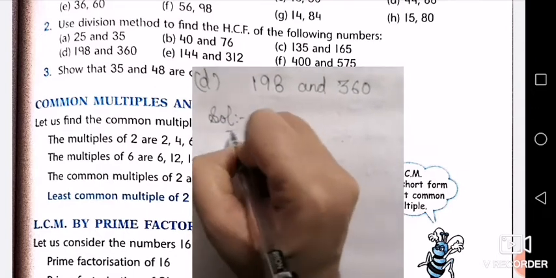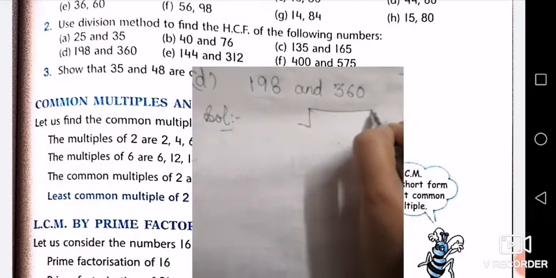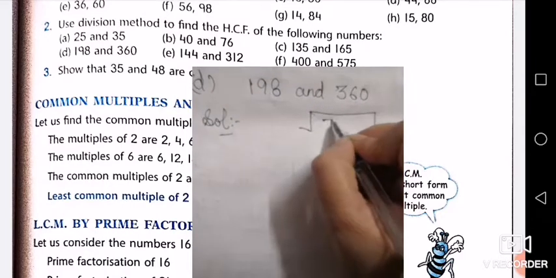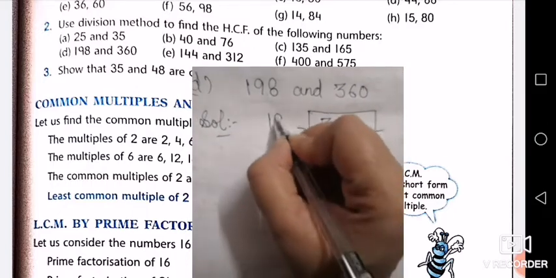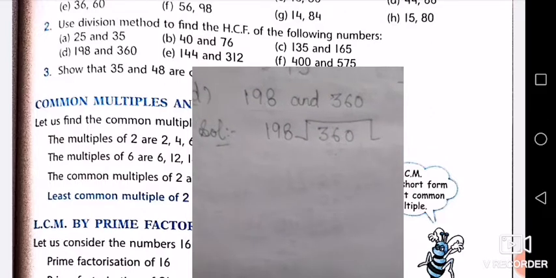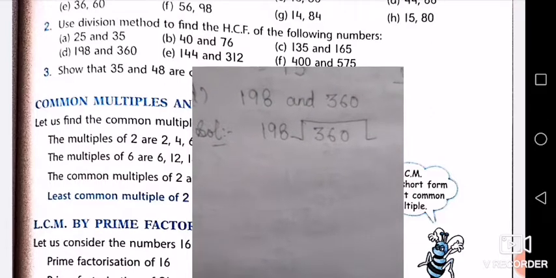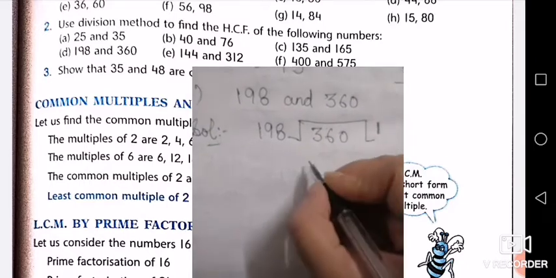Now here in this question, 360 will become your dividend and 198 will become your divisor. Now in the first step it will go 1 time.